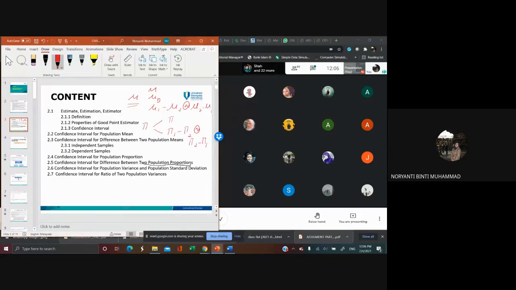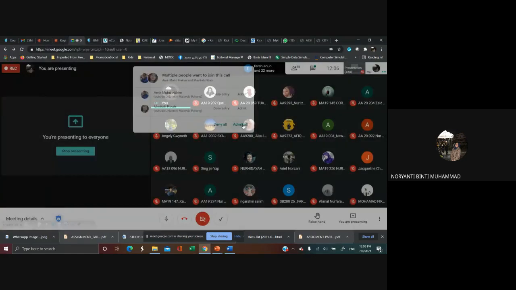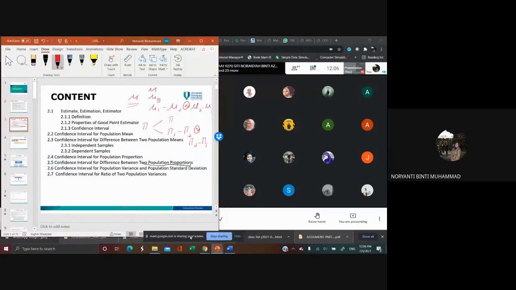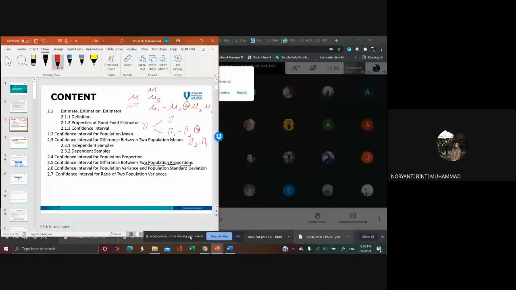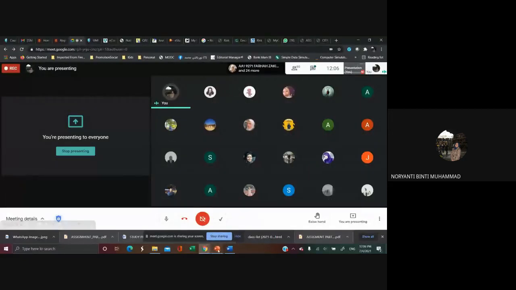It depends on the question, which one they ask first, and if they didn't mention which one first, you try to look at which info they mention first. But sometimes if they didn't mention it in the question, you can have both: pi 1 minus pi 2 or pi 2 minus pi 1, or mu1 minus mu2 or mu2 minus mu1.